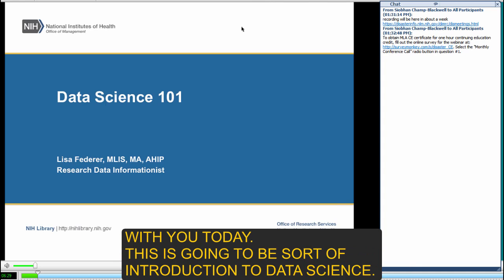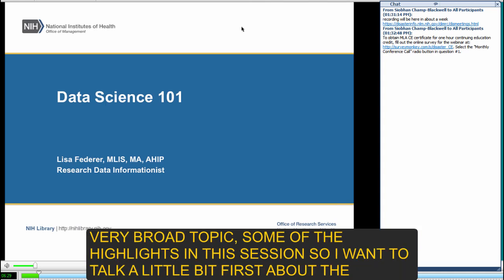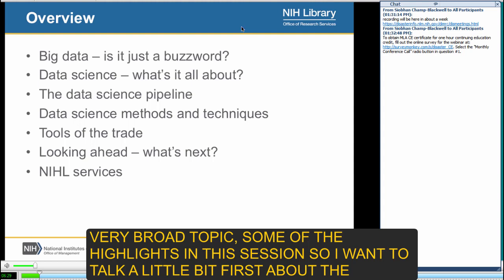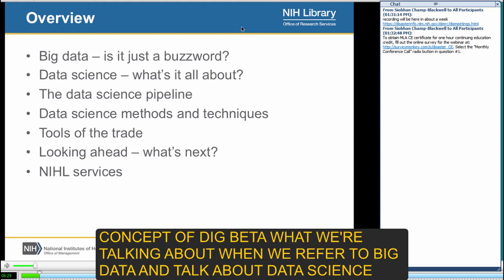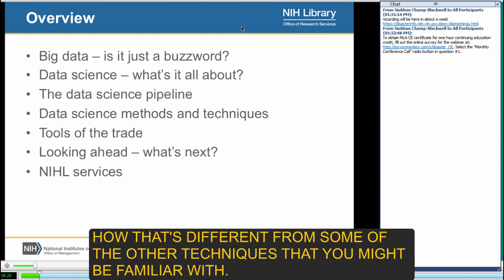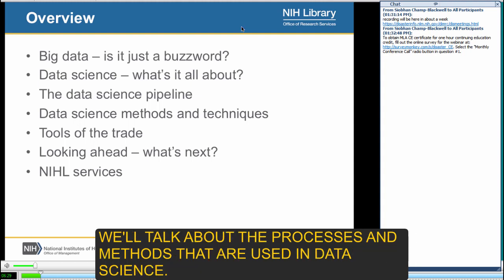So as Elizabeth said, this is going to be an introduction to data science. It's a very broad topic that we'll just cover some of the highlights of in this session. So I want to talk a little bit first about the concept of big data and what we're talking about when we refer to big data. Then we'll talk a little bit about data science and how that's different from some of the other scientific techniques that you might be familiar with.